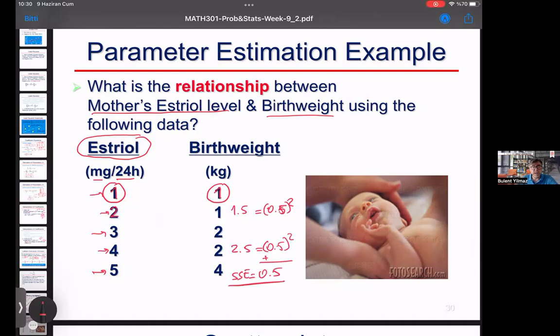So you can represent your accuracy levels using sum squared errors. Sum squared error will be something about accuracy. If this is close to 0, then it's a good accuracy, it's a good performance.